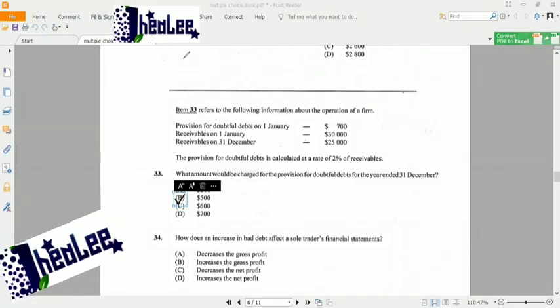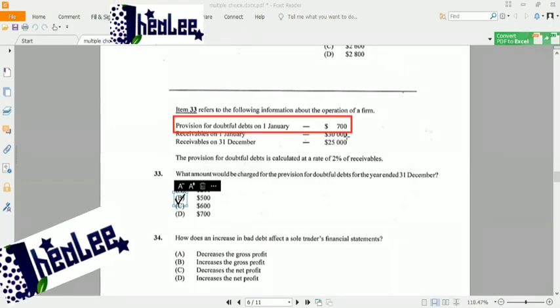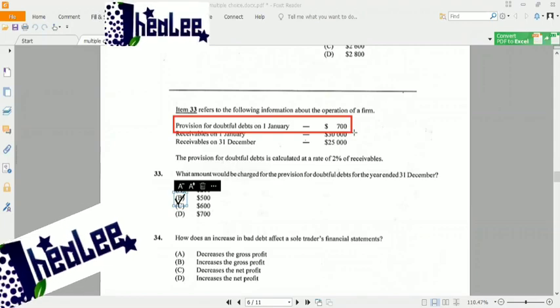So you see this information that is right here. This information right here would be important for us. All right? This $700 is very important. Now, the 700 is saying that this is a value that we have in our provisions account at the end of last year, and it becomes the figure that we started this year with.